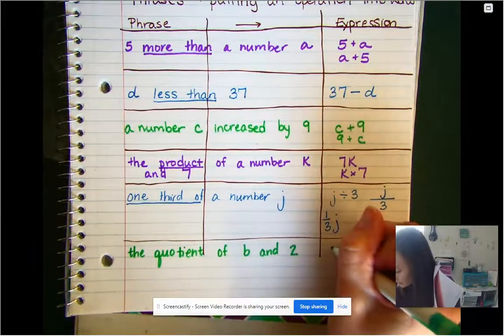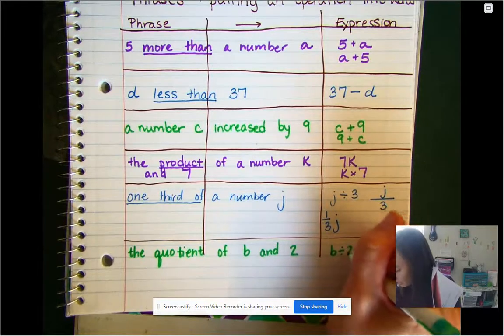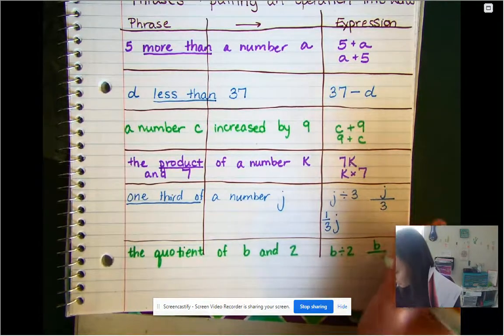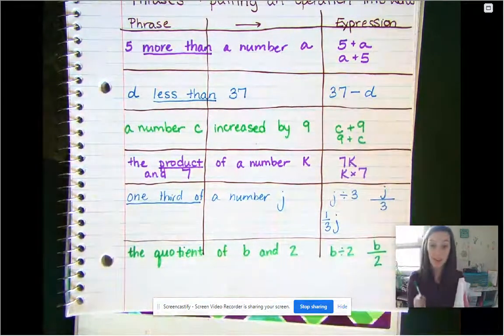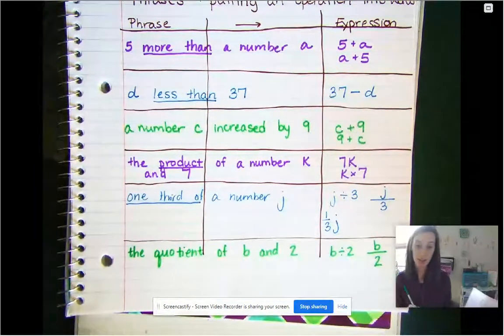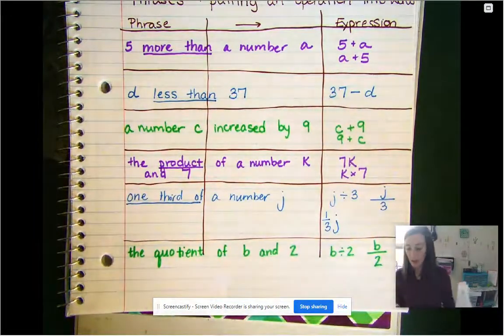And the answer is b divided by 2, which could also be written as b on top of 2. Order does matter in division, so it has to be the b first and the 2 second.